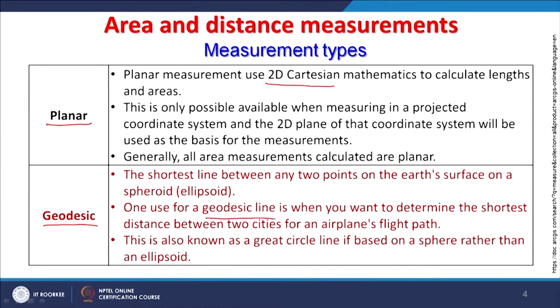Sometimes we also call it terrain measurement. For example, one use of a geodesic line is when you want to determine the shortest distance between two cities for an aeroplane flight, etc.